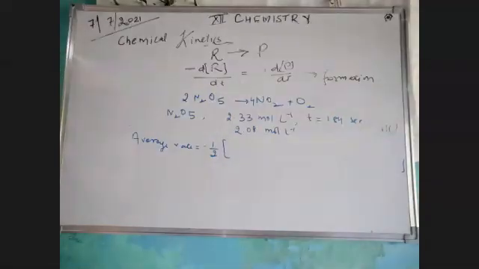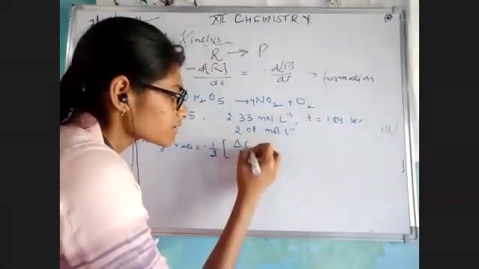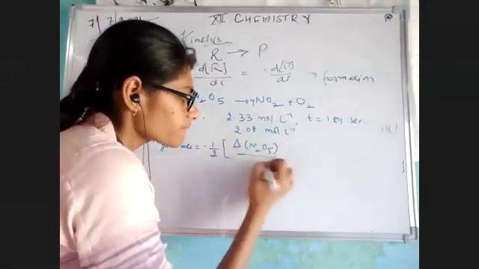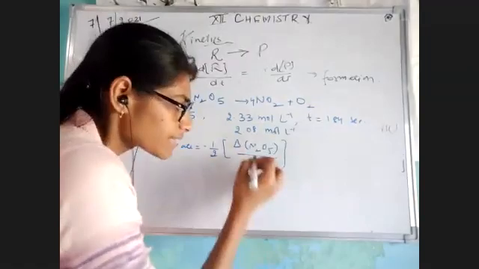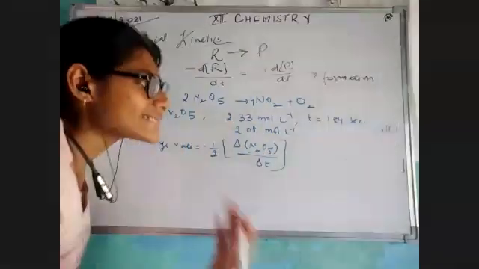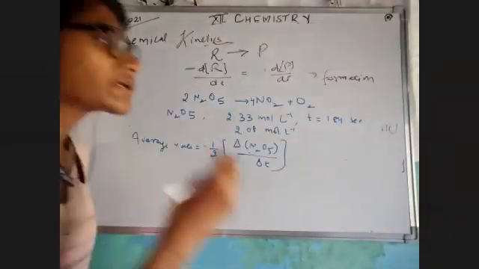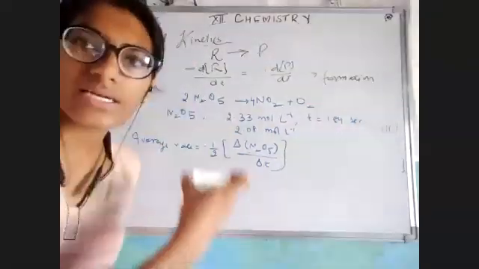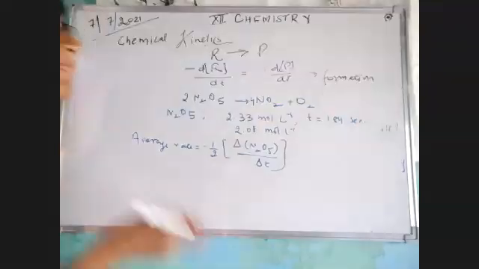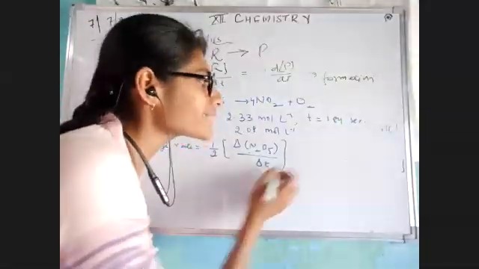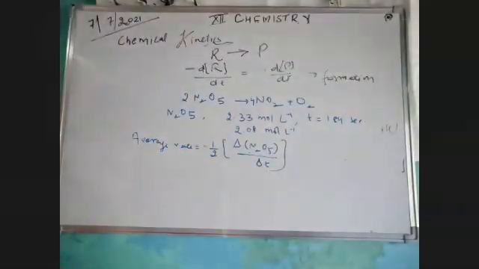I would just say minus 1 by 2 because my N2O5, and I suppose I'm saying this is my N2O5, this suggests the concentration. That means my N2O5 is getting reduced from the initial concentration to the final concentration. And we have also been provided with the time t, that is 184 seconds.